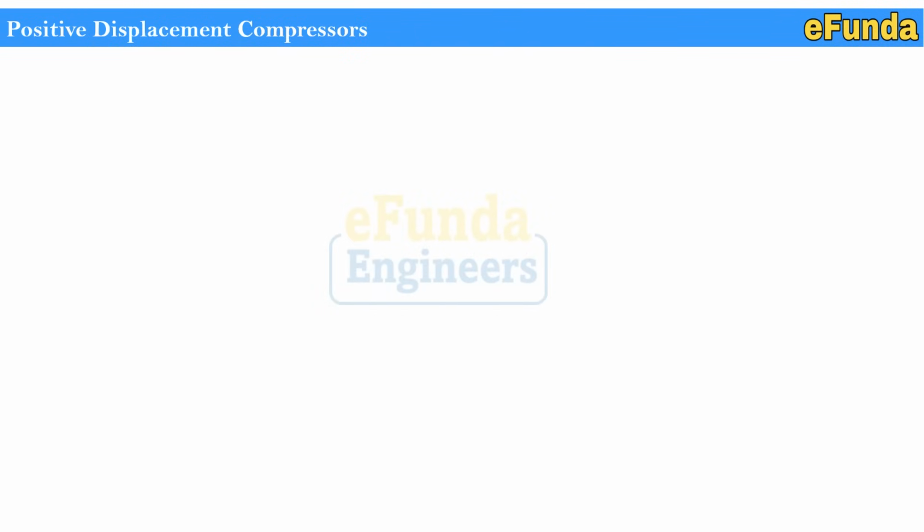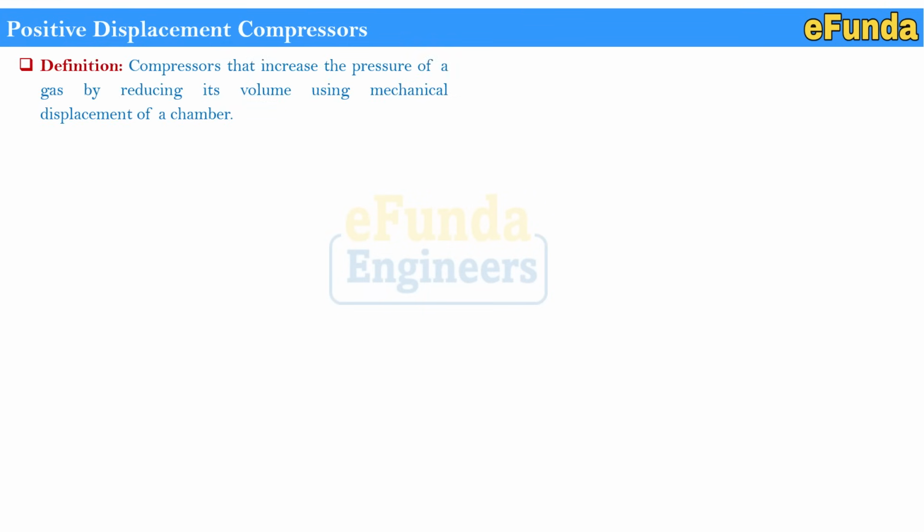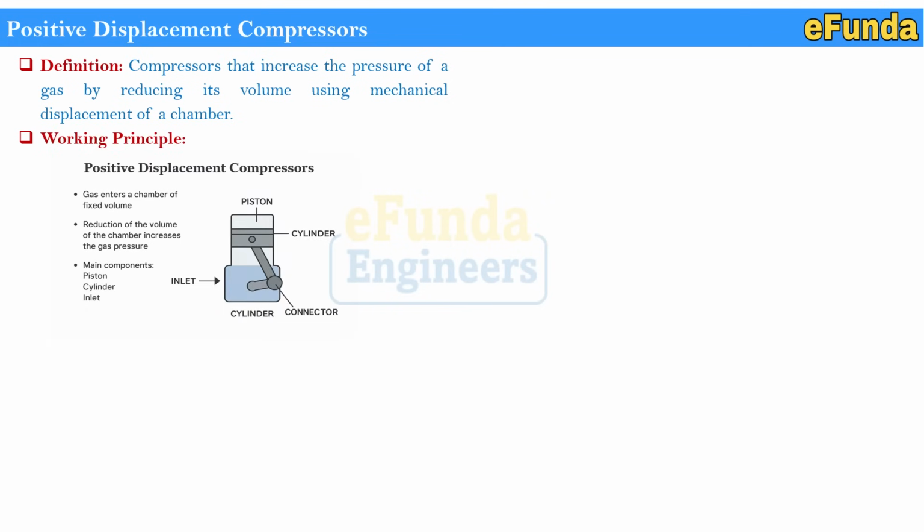Positive displacement type compressor definition: a compressor that increases the pressure of a gas by reducing its volume using mechanical displacement of a chamber. For better understanding, one can refer to the picture where the working principles are defined. Key components are piston, cylinder, then the connector with the inlet connection.